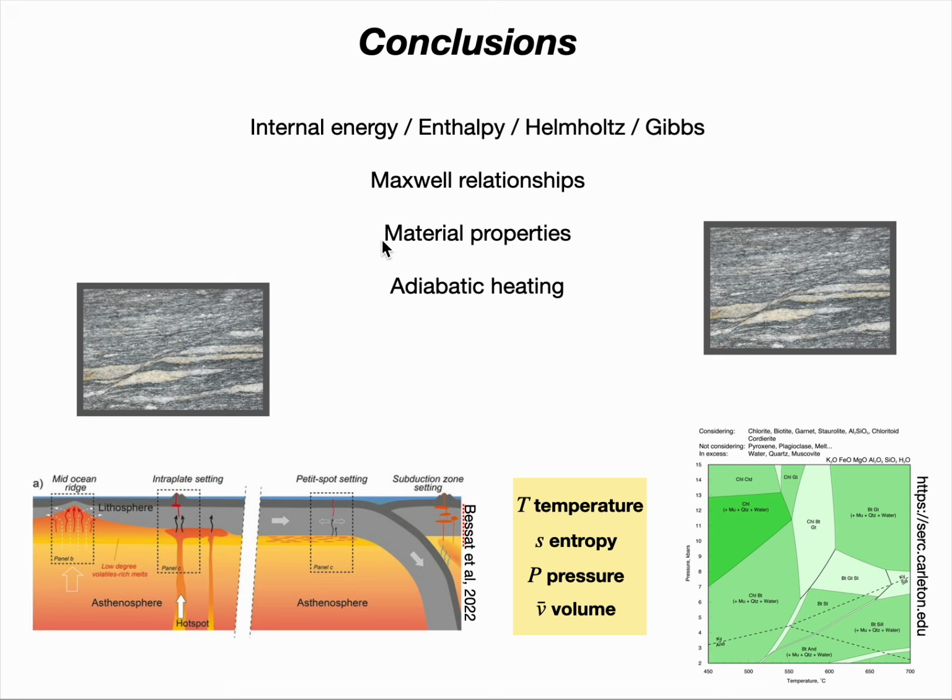We've discussed several material properties and how they relate to some of the Maxwell relationships. And using all this knowledge, we came up with a small derivation about how adiabatic heating works in the Earth interior. So thanks a lot for your attention, and see you in the lecture room.